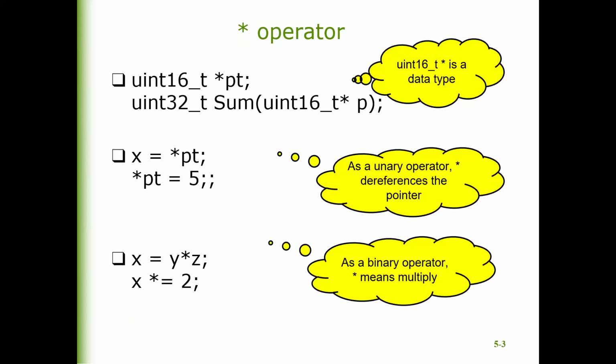It doesn't matter where the star is. You can also put the star after the data type, then a space, and then the letter P or PT, which means the pointer. Either way is fine. They're just two ways to define the pointer. Actually, I think there's no difference between them.